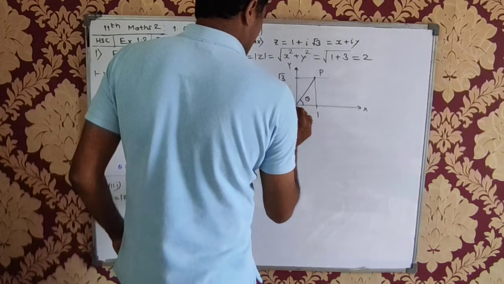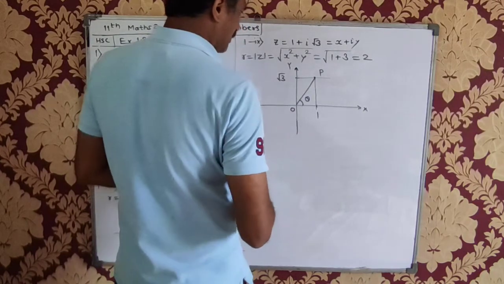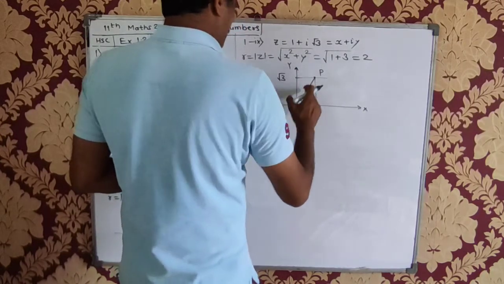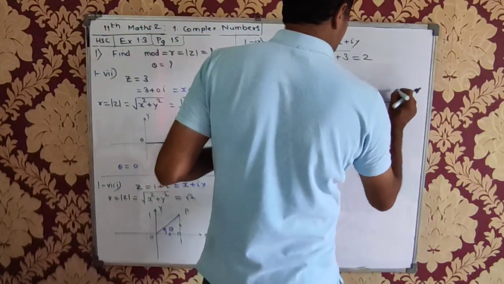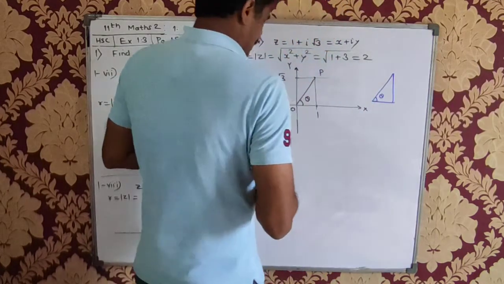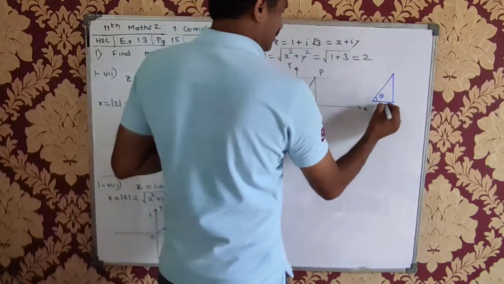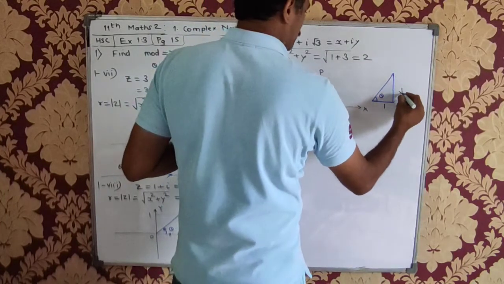And this is angle theta outside. Now I know that for this triangle, this OP will be the modulus. So if I redraw this triangle here, this is theta. This coordinate is 1, meaning this distance is 1. This coordinate is root 3, meaning this distance is root 3.